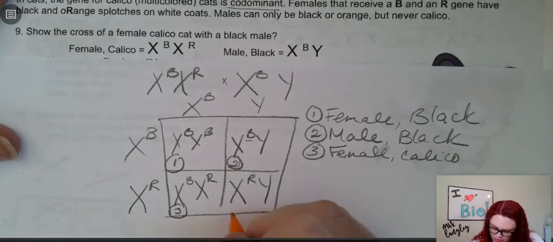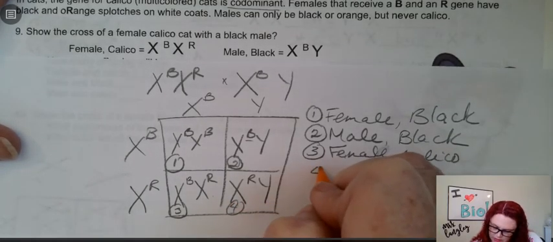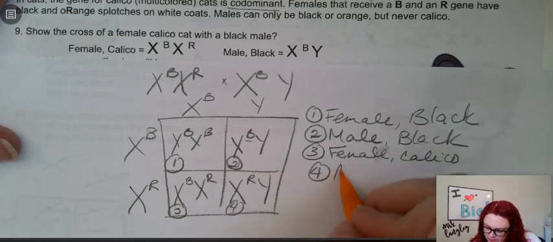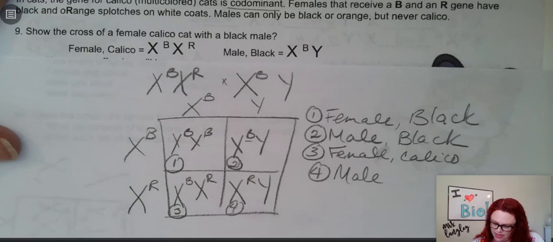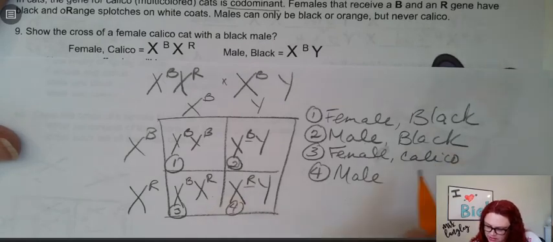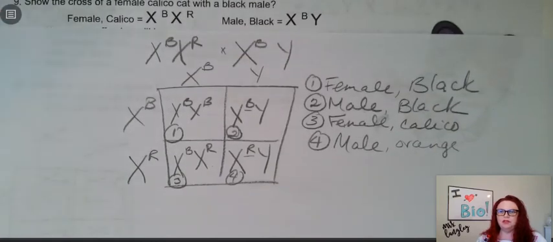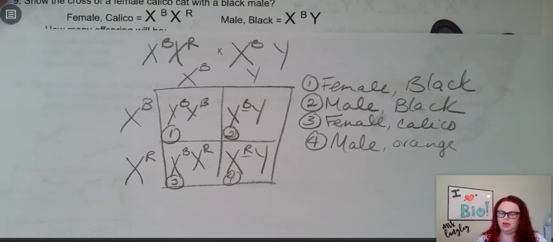And for number 4, we have an X and a Y. That means this one is male. And we have a capital R, meaning orange. So from this cross, we have a female black, female calico, and male orange.